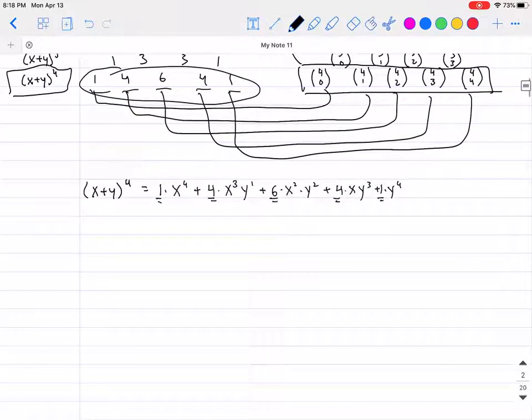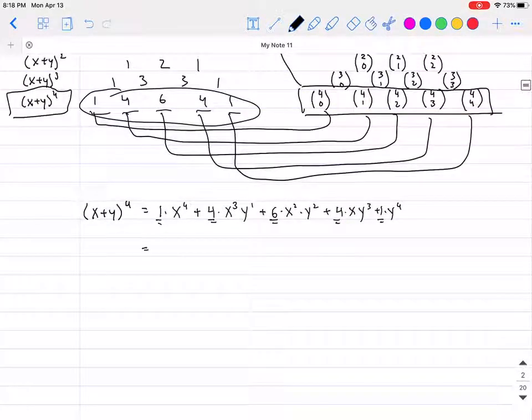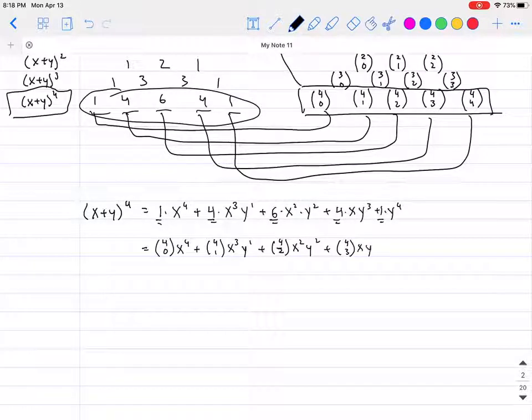Let's rewrite that in the n choose k form. The first number is 4 choose 0, x to the fourth, plus 4 choose 1, x to the third, y to the first, plus 4 choose 2 times x squared, y squared, plus 4 choose 3, x times y to the third, and finally 4 choose 4 times y to the fourth.